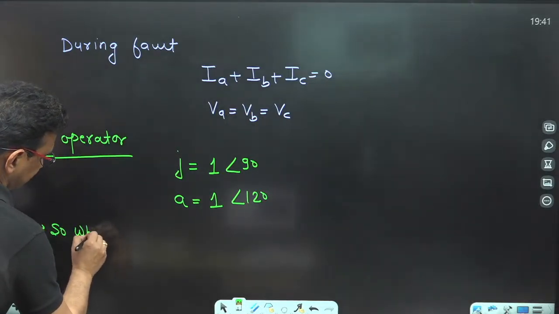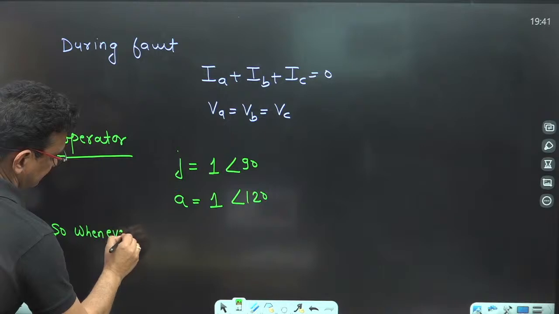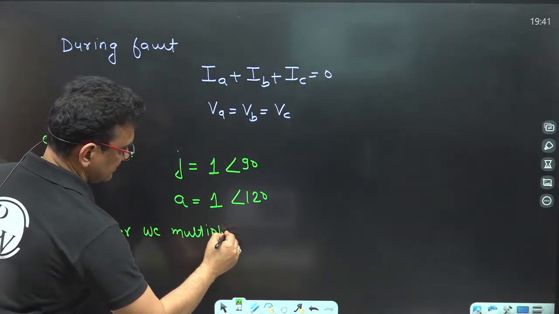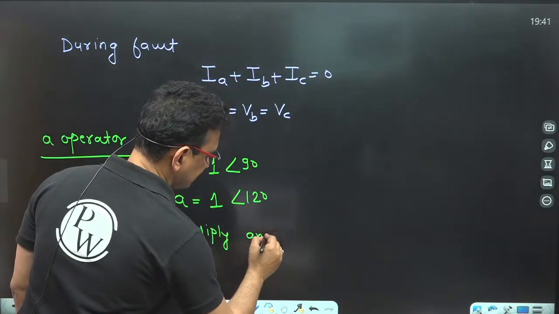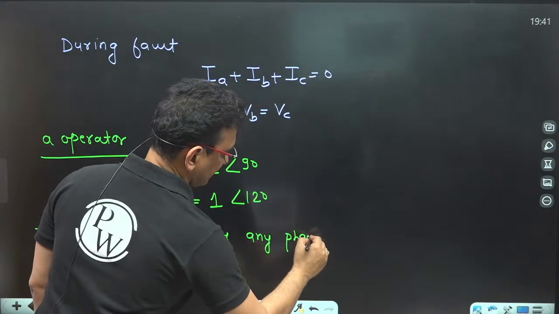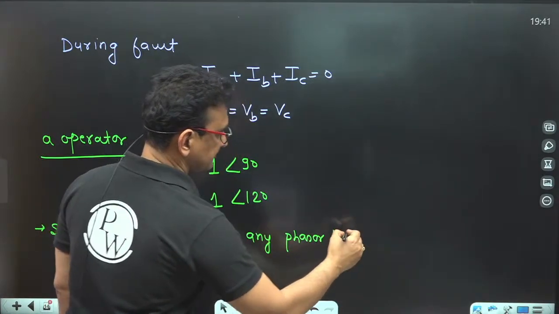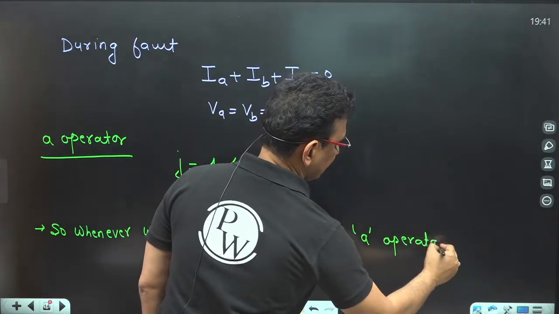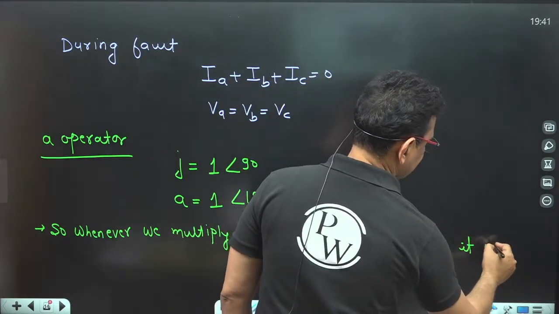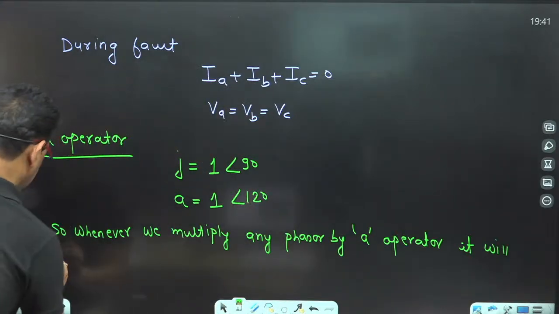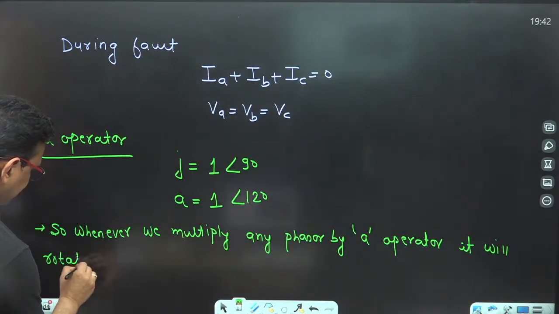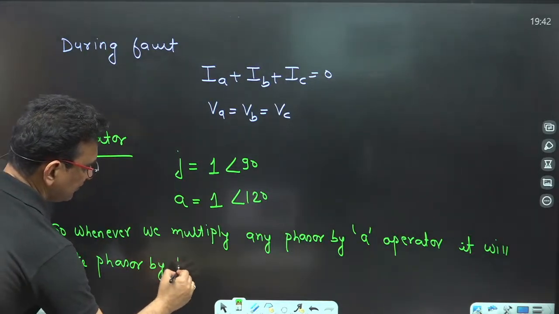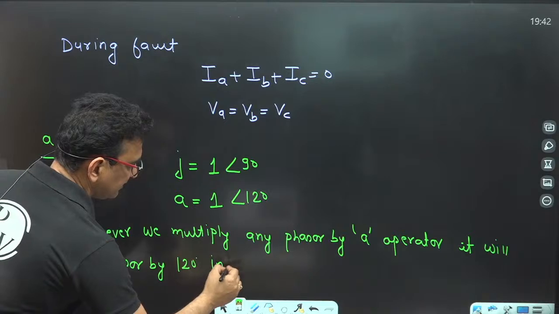So whenever we multiply any phasor by the A operator, it will rotate the phasor by 120 degrees in the anti-clockwise direction.